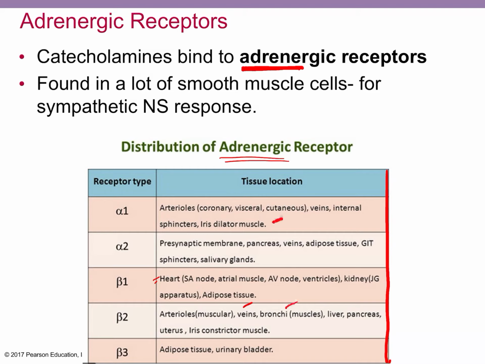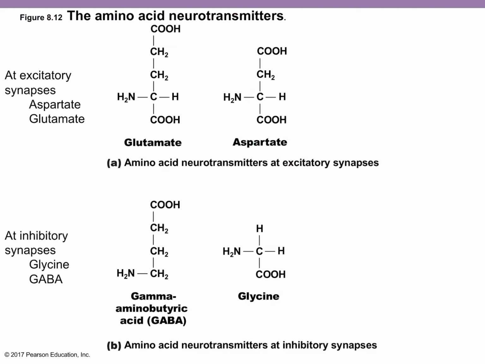They're all going to have an effect on these smooth muscles of the body so that you can increase the breathing rate, increase the heart rate, and dilate your pupils so you let more light in, so you can see better in dim instances. But this is all setting you up for fight or flight, or the sympathetic nervous system response.